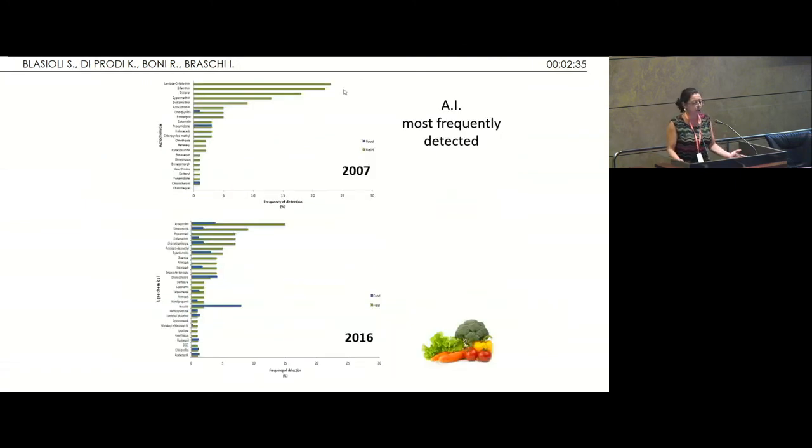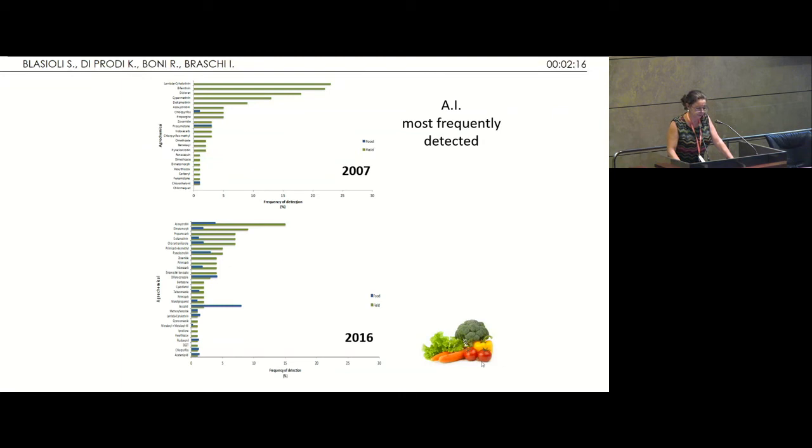Then, if we group the big data and we consider the active ingredients most frequently detected, here we decided to present the initial and the final part of this study.